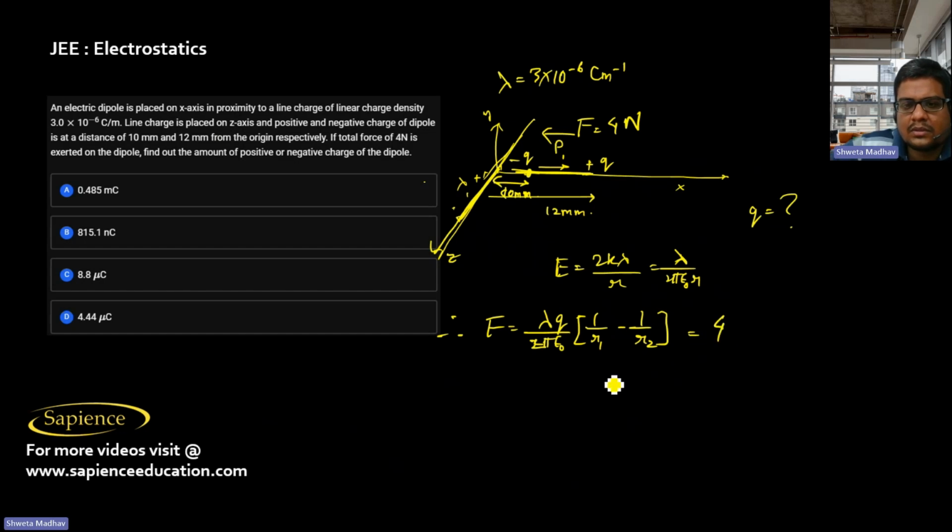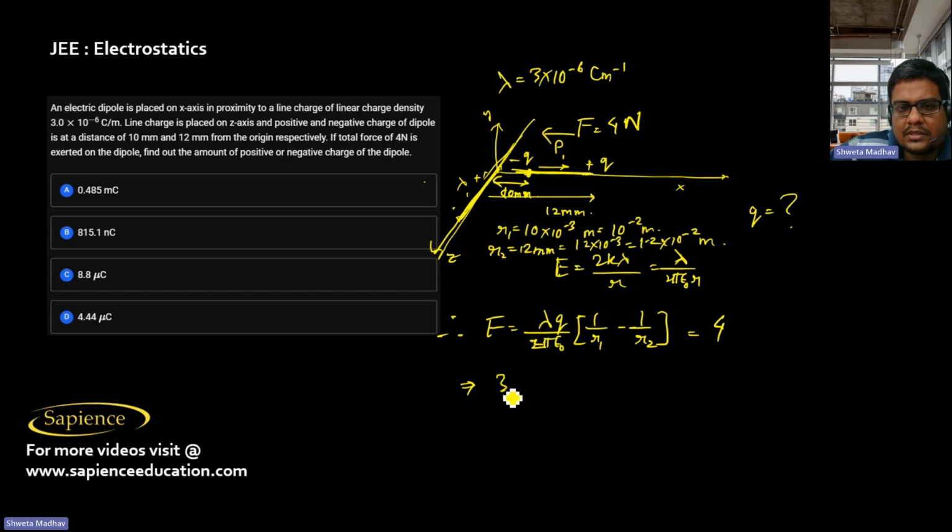This is 4 Newton, it has been told. And R1 is 10 millimeters, so it is 10 into 10 power minus 3 meter, means 10 power minus 2 meter. And R2, that is 12 millimeters, is 12 into 10 power minus 3, or I can say 1.2 into 10 power minus 2 meter.